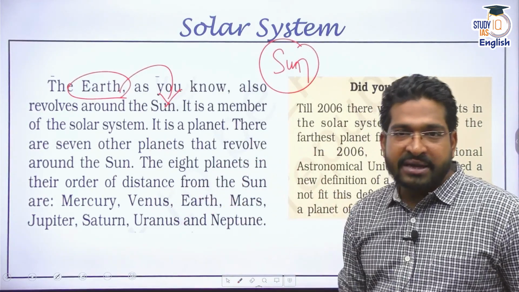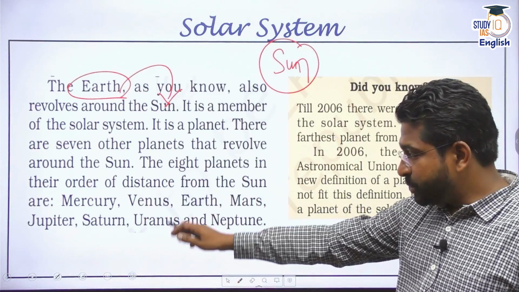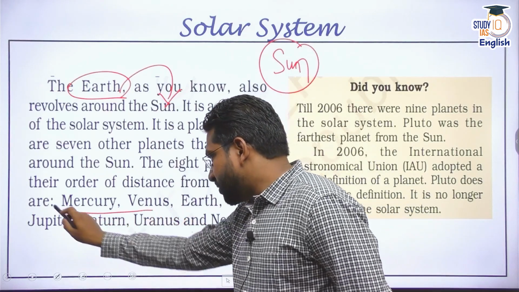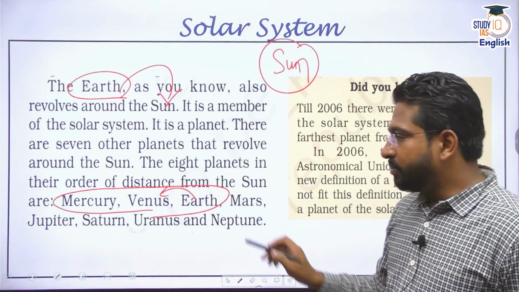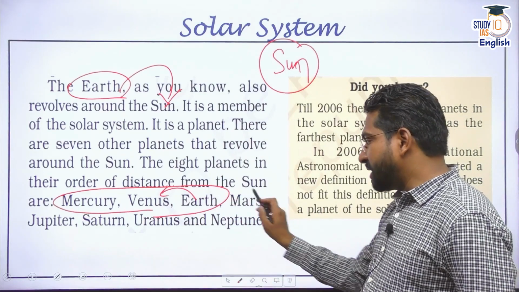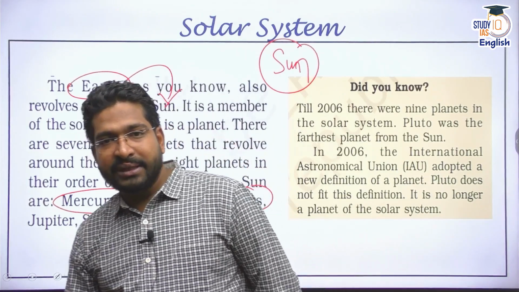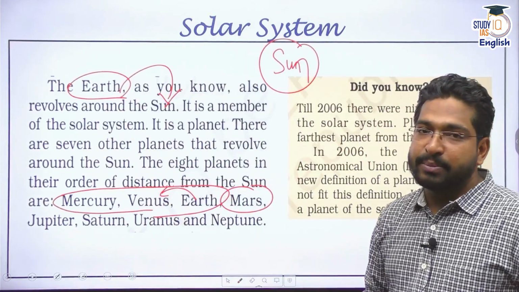There are 8 planets: Mercury, Venus, Earth, Mars, Jupiter, Saturn, Uranus, Neptune. The closest to Earth is Venus. Mercury, Venus, Earth, and Mars are non-gaseous or non-Jovian planets. The other 4 are mostly gas giants: Jupiter, Saturn, Uranus, and Neptune.